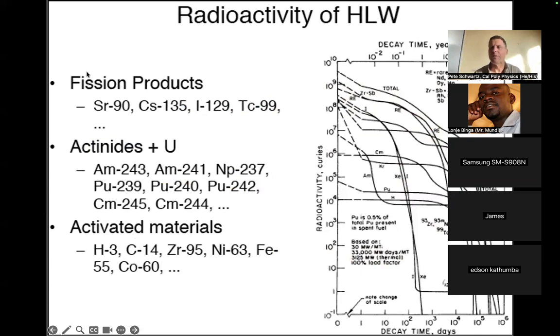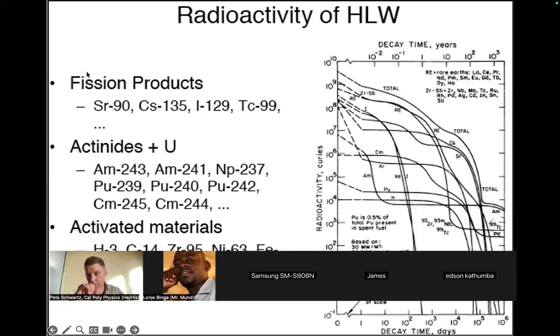So this is very important from the perspective of nuclear waste or radioactivity. We showed that initial slide where a neutron hits uranium-235 and it splits into two daughter nuclei, or three. And there's a whole bunch of different radioactive products that are given off, and they have all different half-lives, right?